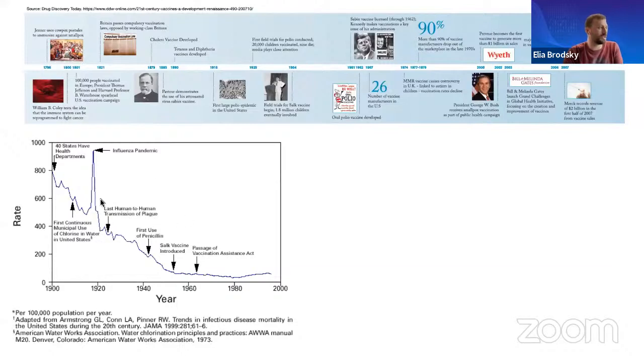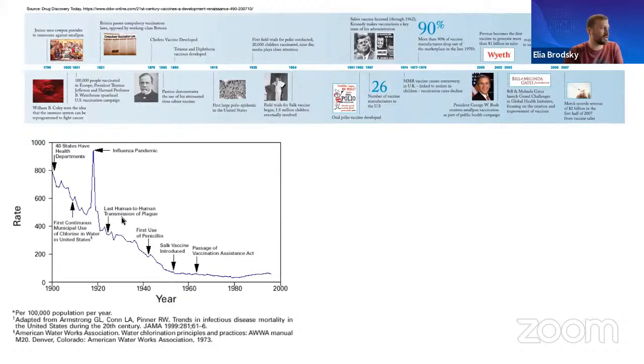So here you can see from the 1900s all the way to the 2000s, this is the rate of infection per 100,000 population per year. You can see here simple interventions, for example, the establishment of health departments, or continuous municipal use of chlorine in water in the United States.